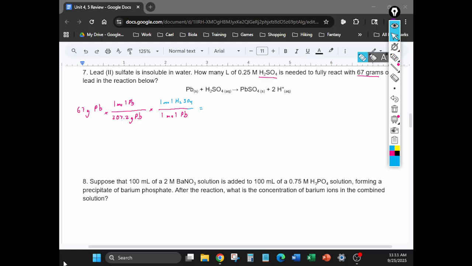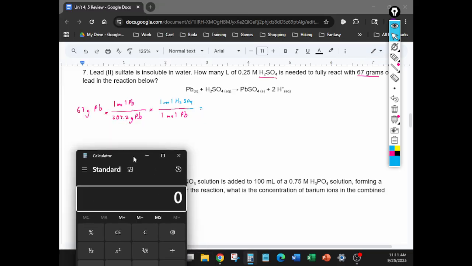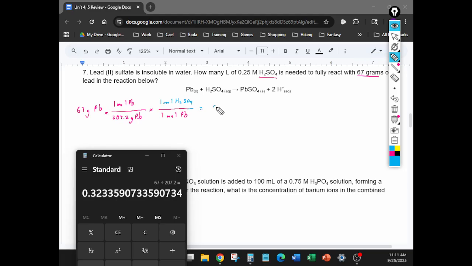It's already balanced. You can just plug this into your calculator. Very simple calculation: 67 divided by 207.2. That means you are going to need 0.32 moles of H2SO4.